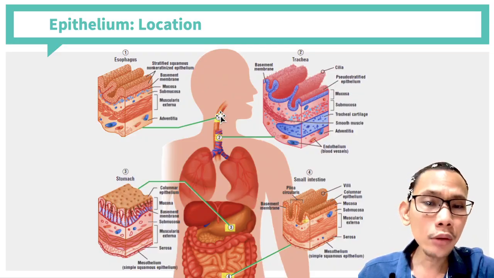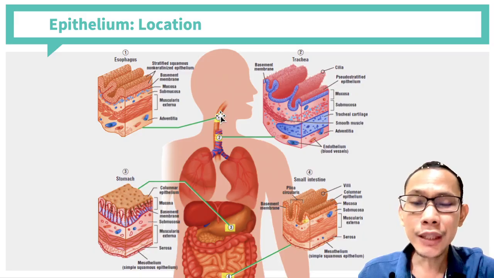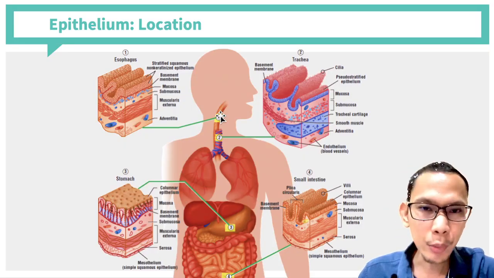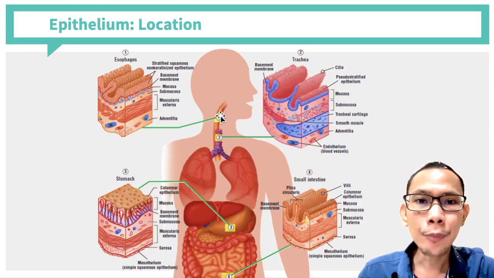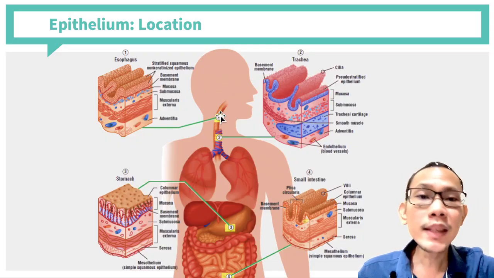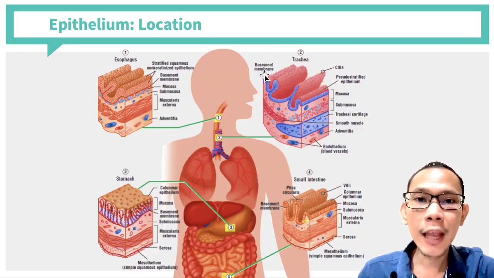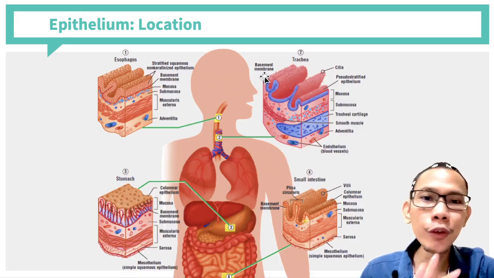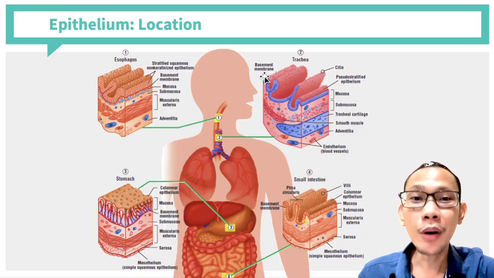But do not worry, because you will still encounter these different lining epithelia as you go through the different organ systems. When you discuss the respiratory system and the digestive system, you will still encounter them. So the focus of my discussion will just be an overview of the different lining epithelium of the body.